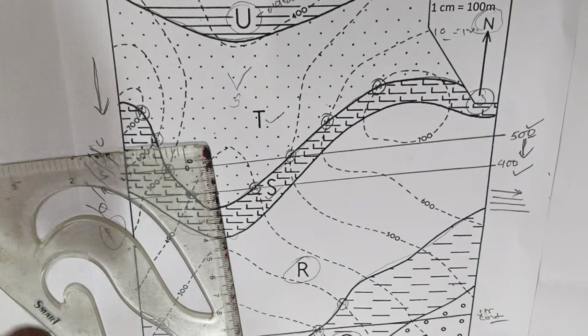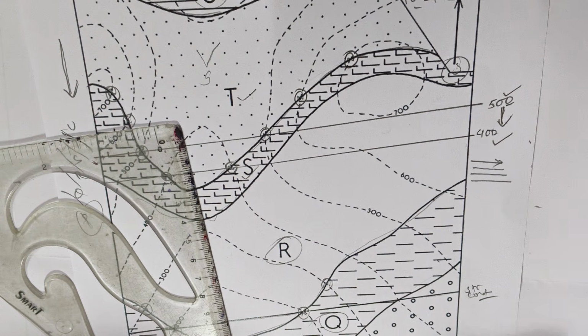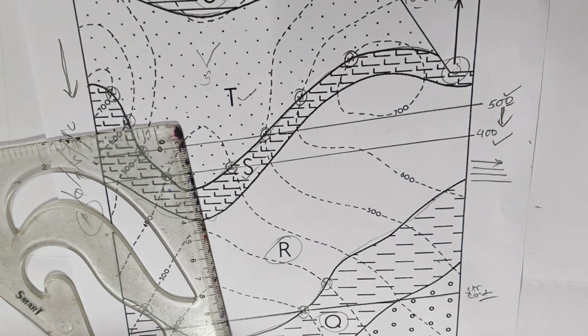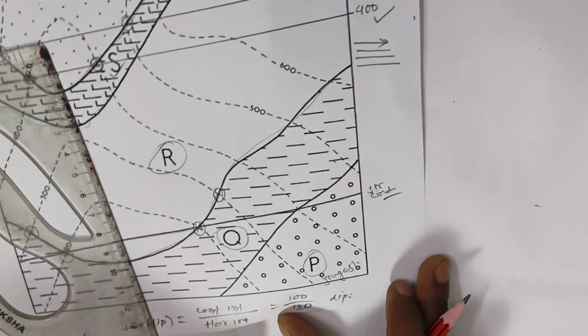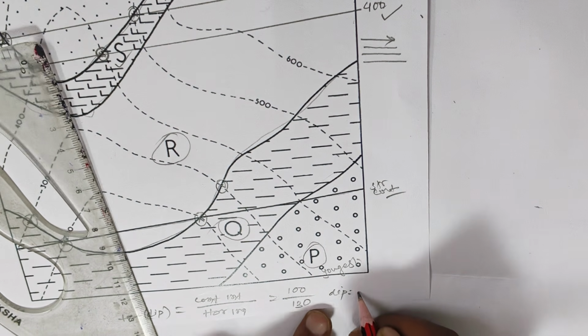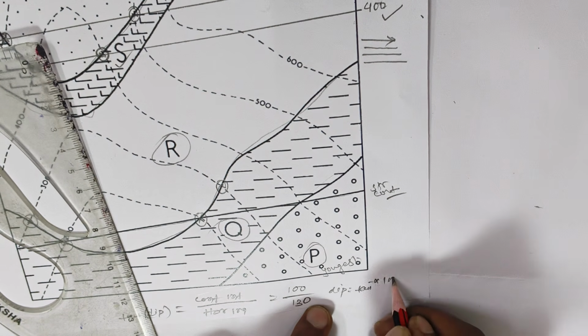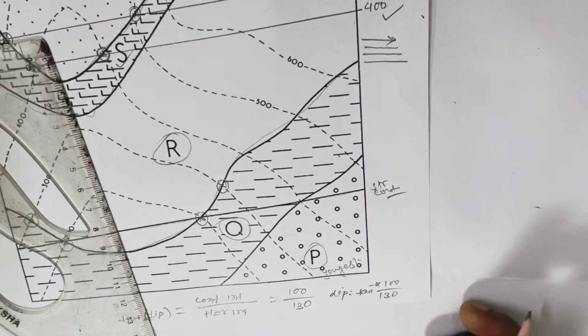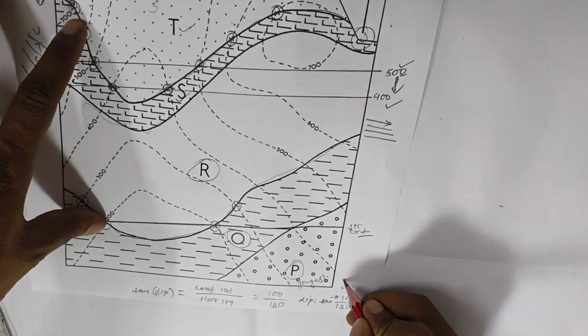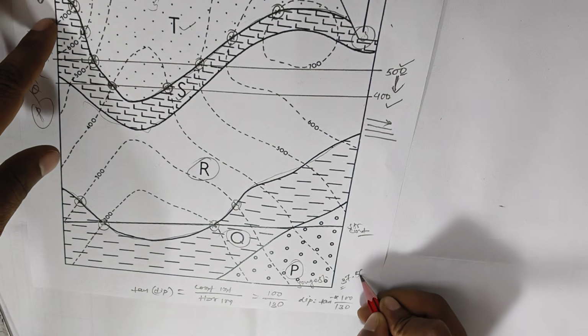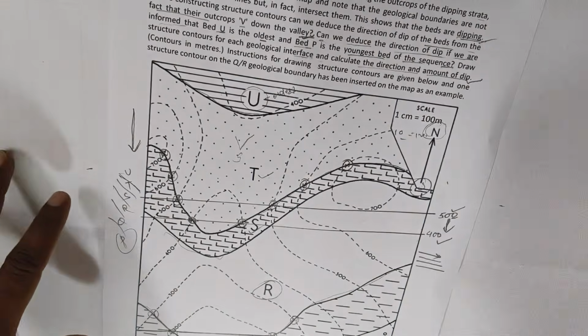So 1.3 will be 130 meters. So dip will be tan inverse of 100 by 130, which is 37.56. So our dip will be 37.56 degrees.